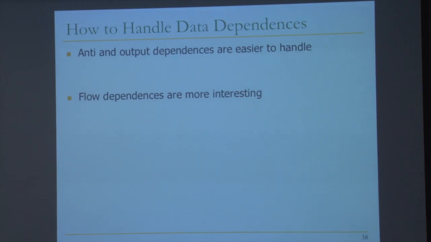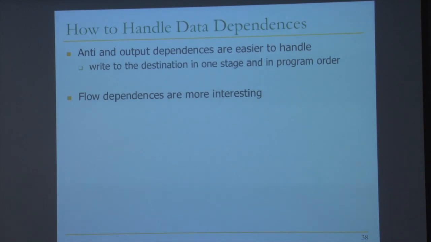So how do you handle data dependencies? With the given pipeline design that I described, anti and output dependencies are actually easier to handle. Flow dependencies are more interesting, but let's take a look at why this is easier to handle. As long as you guarantee that you write to the destination in one stage and in program order, you're done.